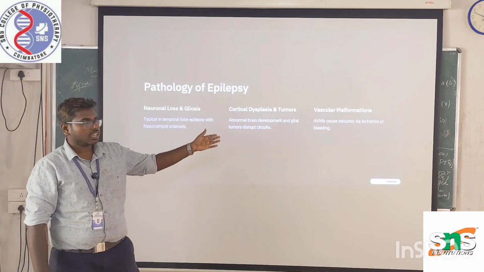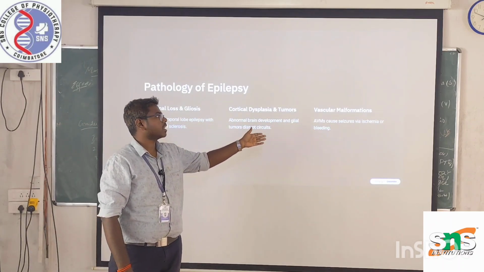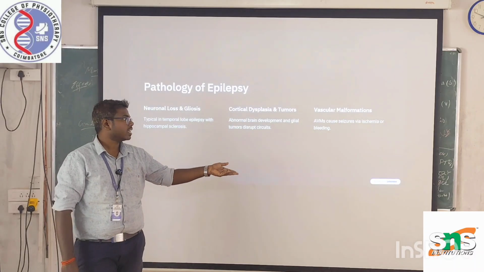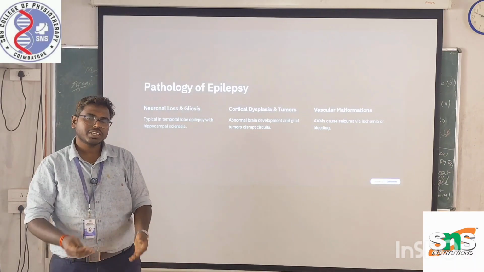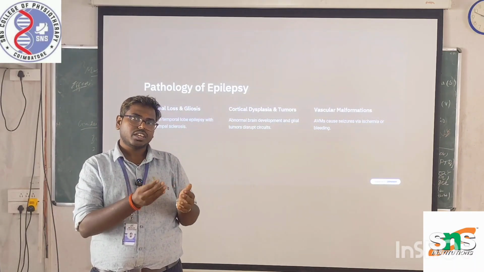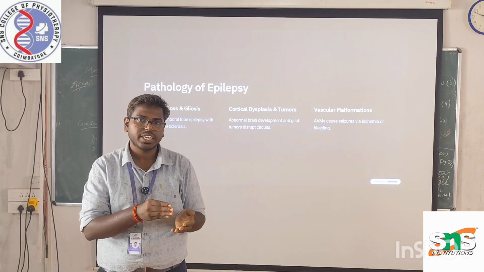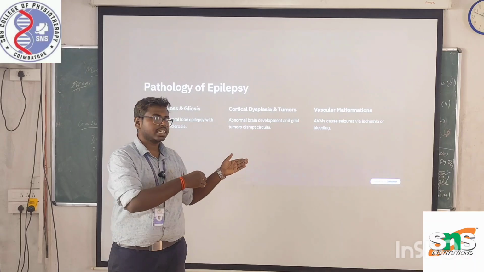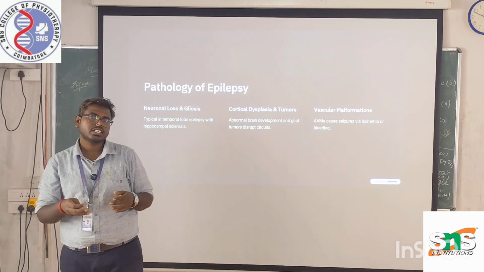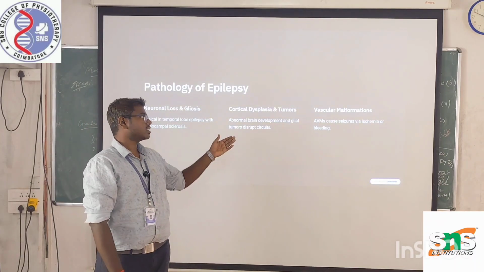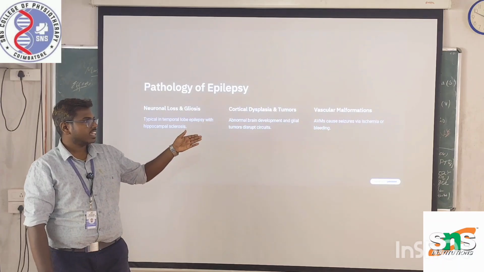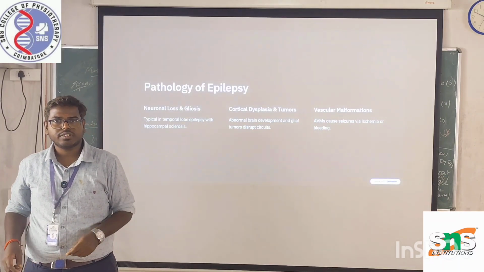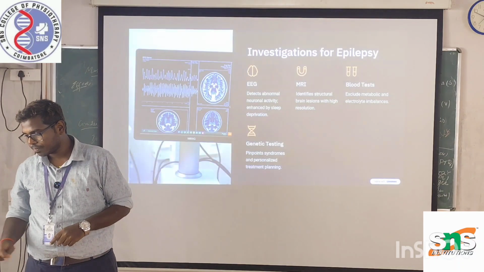AVMs, which are arteriovenous malformations, can also cause seizures via ischemia and bleeding. Ischemia means that region doesn't get a proper blood supply, or else that region leads to bleeding. These two kinds of nature can cause vascular malformations in the brain, which finally lead to epilepsy.